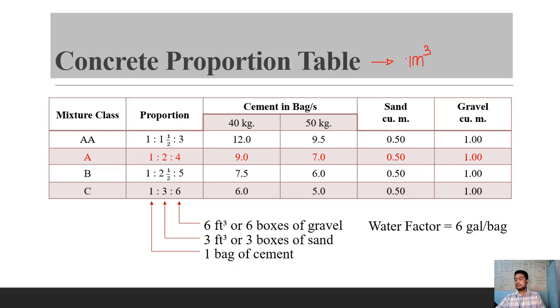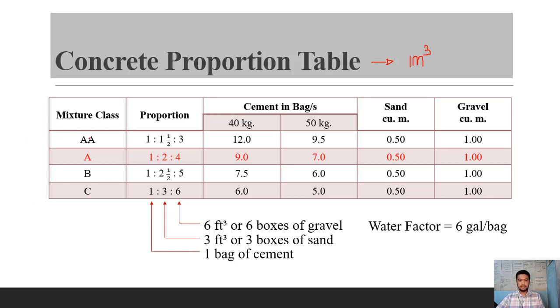So for example, class AA, by the way, class AA is the strongest in comparison to the other classes, and C is not really the weakest, but it has the least strength in comparison to the other classes.